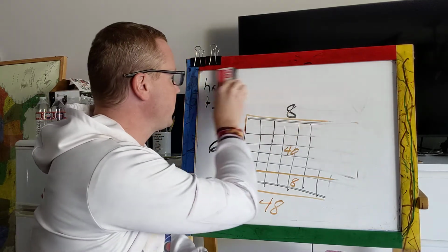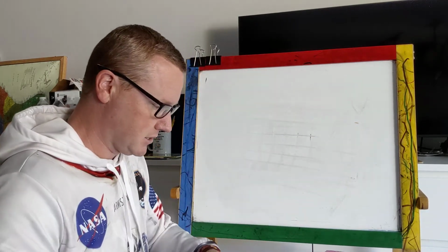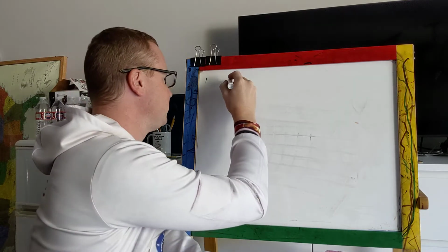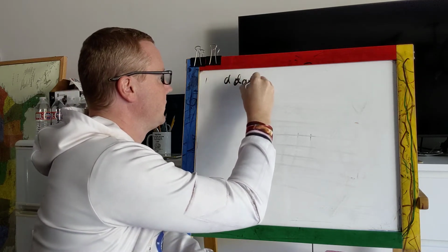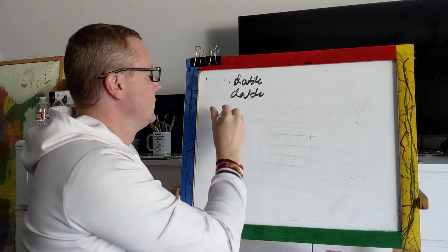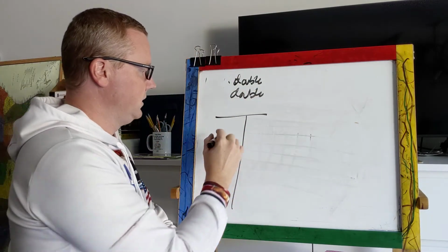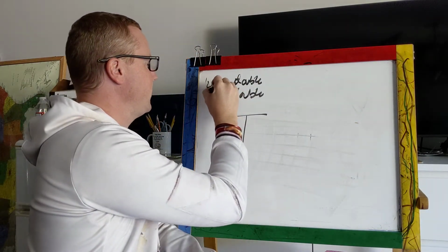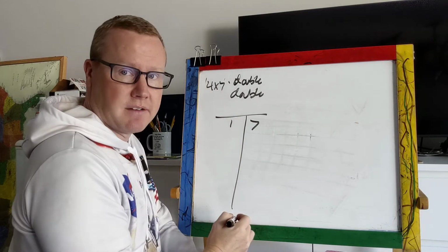One thing I want to show you for both of those is on the ratio tables. So let's go back to our double the double. Remember, we were doing 4 times 7. We start off with one group of 7 is 7.